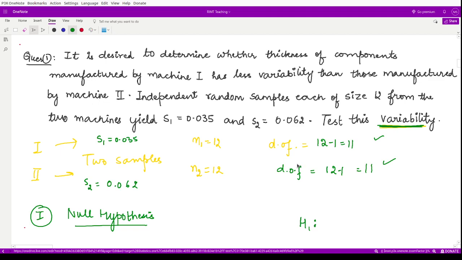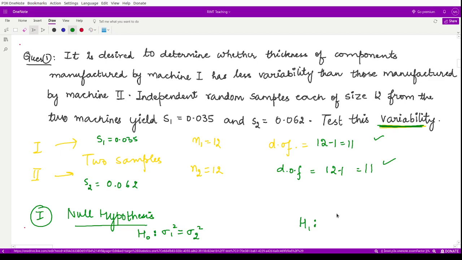So in the null hypothesis, we always formulate the variances to be equal. So in this case, we say sigma 1 square would be equal to sigma 2 square. Why sigmas? Because we are comparing these for two machines using the two samples.